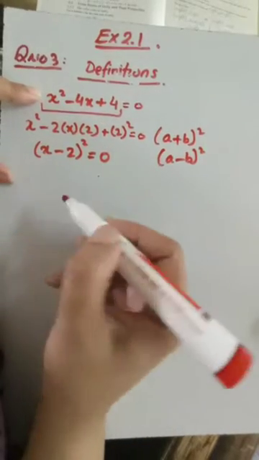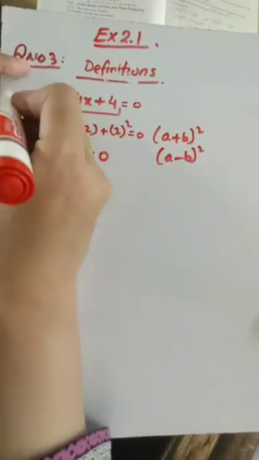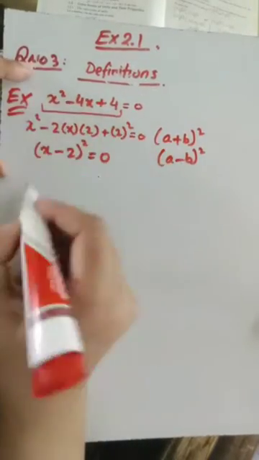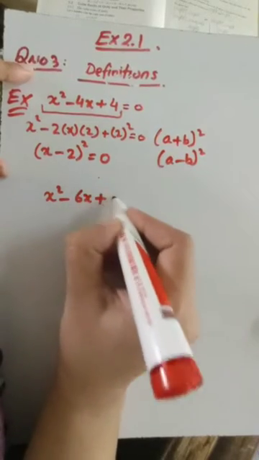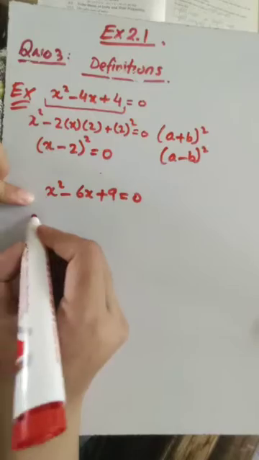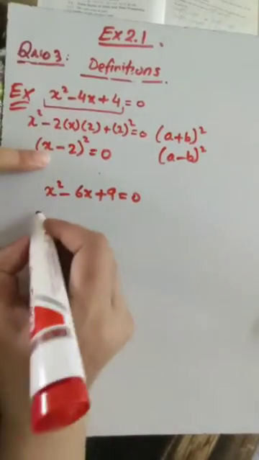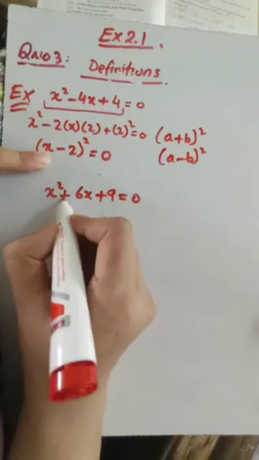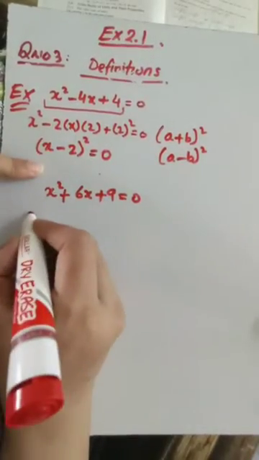Okay, now let me take one more example. For example, x square plus 6x plus 9. To prove that this is a perfect square, I will try to write it in this form. Let me take it as plus, so that it is a little different.